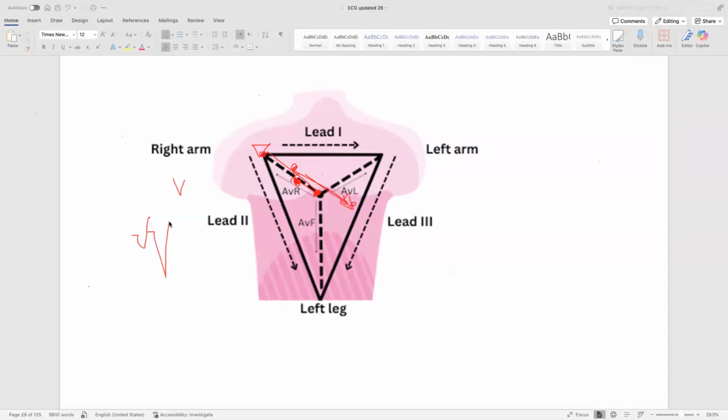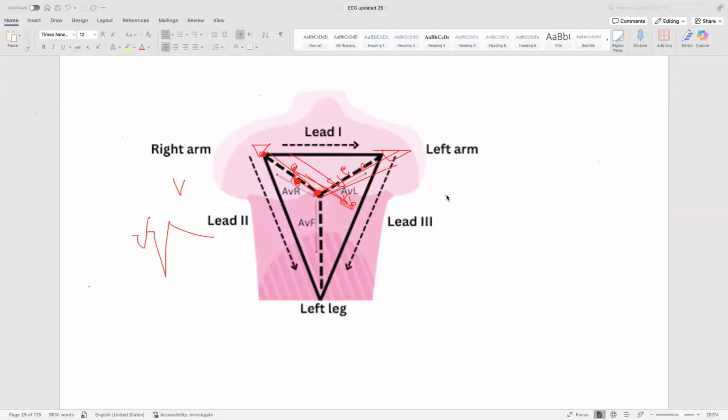Why? Because the electrode measuring the electricity is going in the opposite direction of the current, so it will measure negative. Now aVL. The electricity is going this way, and this is going this way, it will read positive.